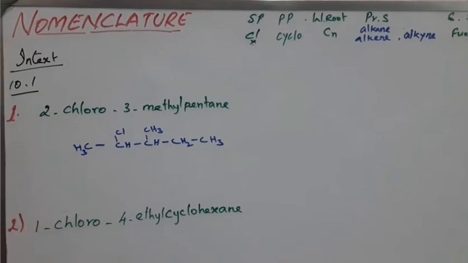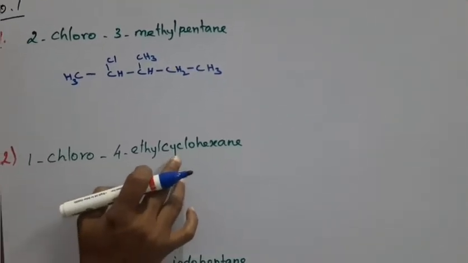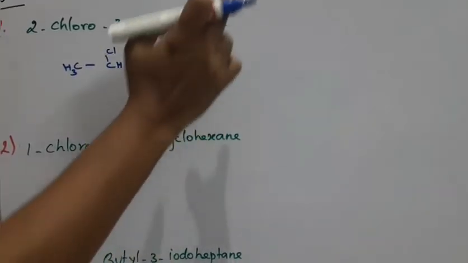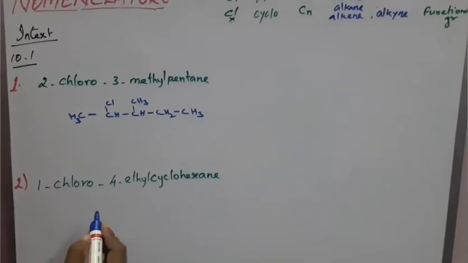Next, 1-chloro-4-ethylcyclohexane. Here the primary prefix is cyclo, so it is cyclohexane.